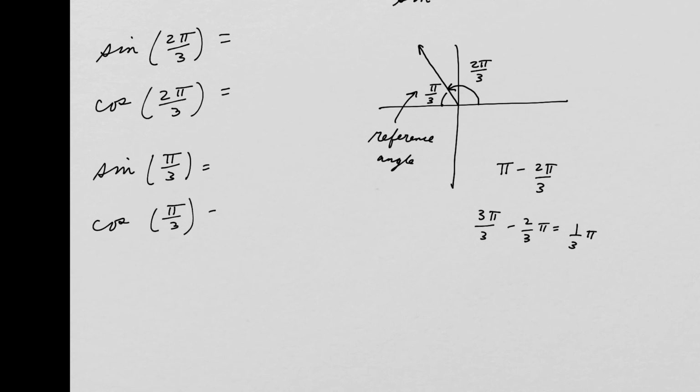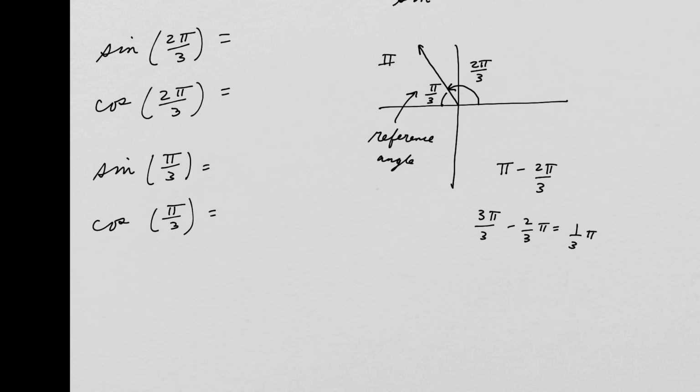Because in terms of absolute value, the sine and cosine of the actual angle is equal to the sine and cosine of the reference angle. The only thing that's different is the sign, whether it's positive or negative. And we figure that out later based on the fact that we're in the second quadrant. We're in quadrant 2. Okay, so what is sine of pi over 3, cosine of pi over 3?